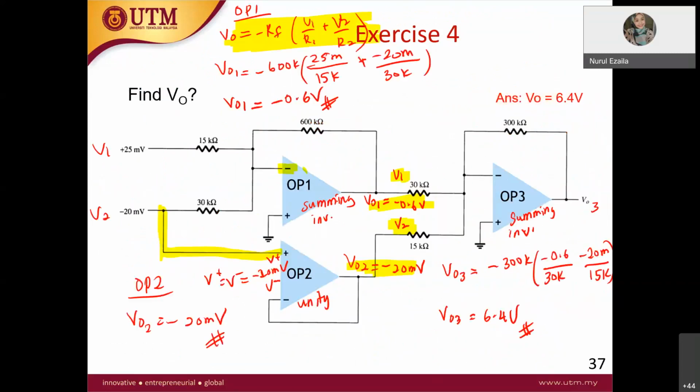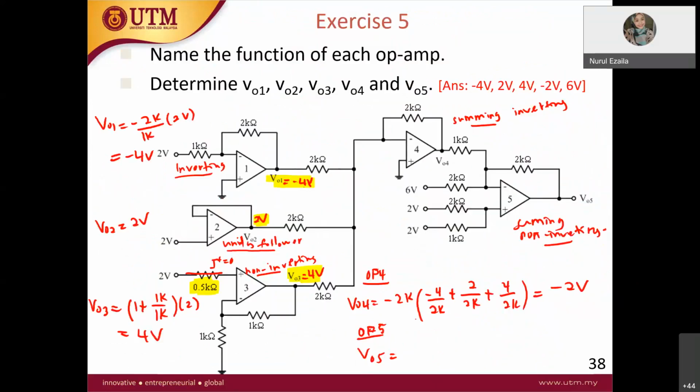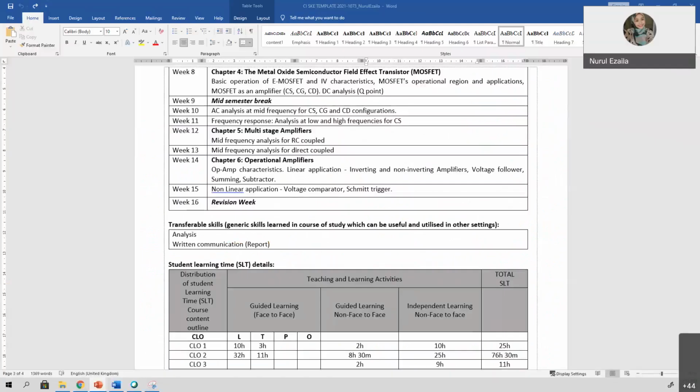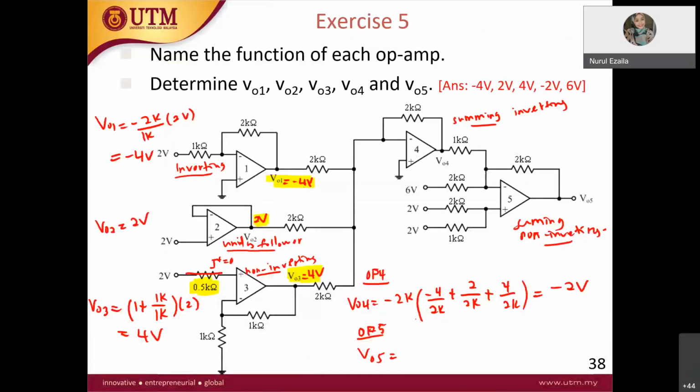Yes, correct. I need to open one more slide so that it is easier for me to find op-amp 5. If you notice, I haven't uploaded the slides for the op-amp yet. I will upload them after I discuss this. So let's take a look here. How do you solve op-amp 5? Op-amp 5 is easy.